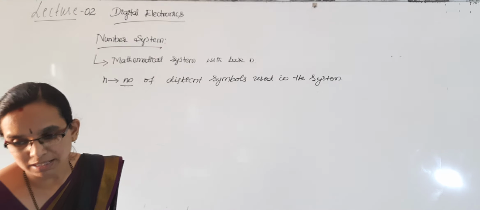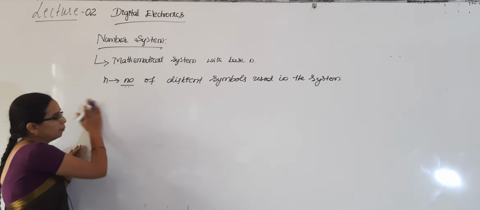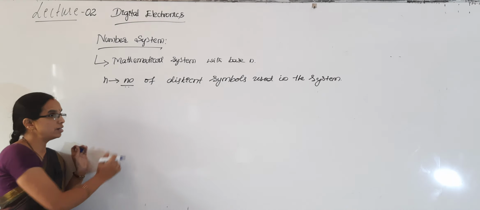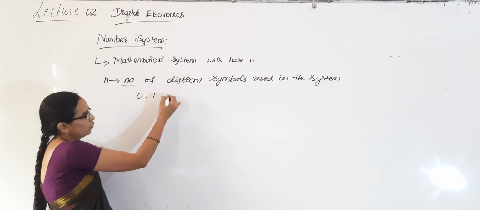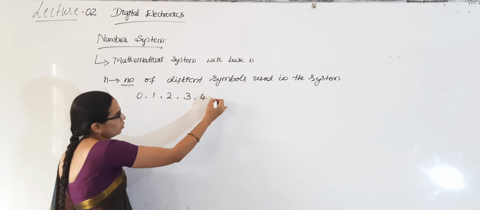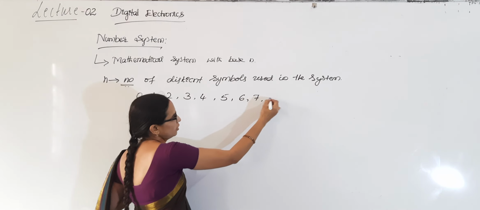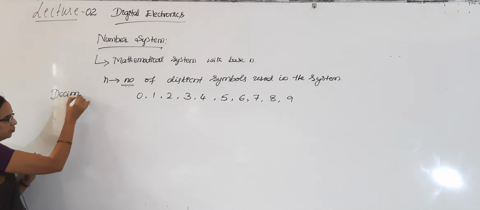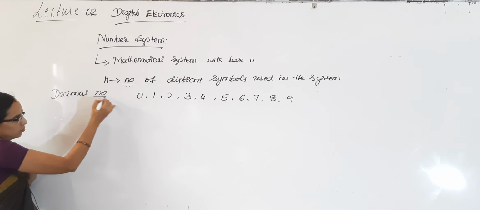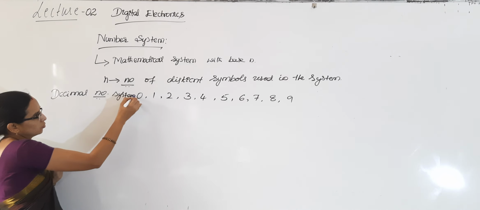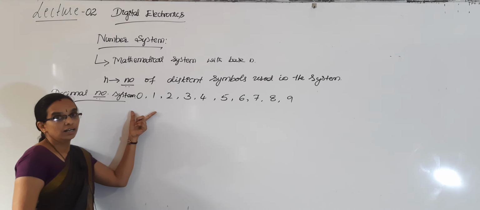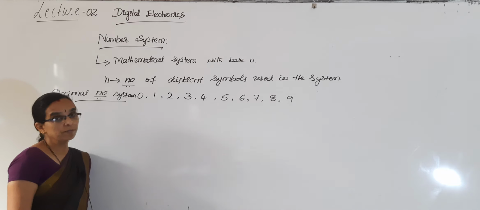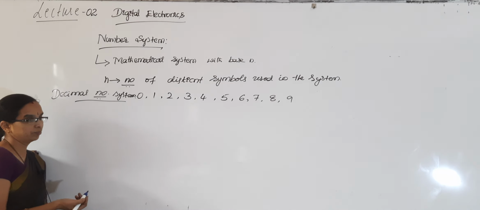In the decimal number system, any number can be represented using 10 different symbols: 0, 1, 2, 3, 4, 5, 6, 7, 8 and 9.